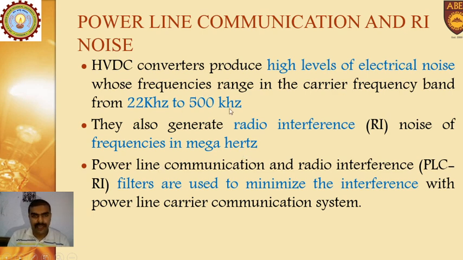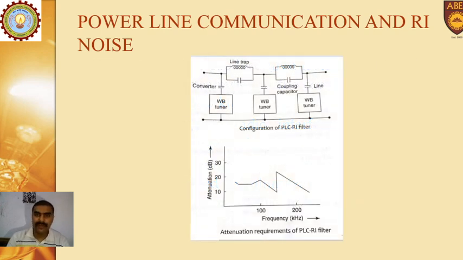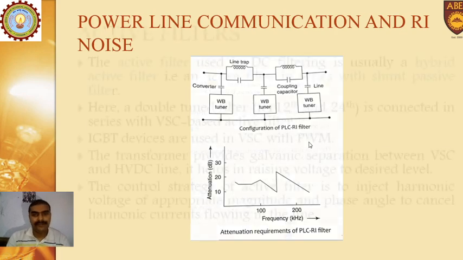So for reducing power line communication and radio interference, PLC and RI filters are used. Separate filters are used for this purpose, and this is the configuration of the PLC and RI filter, showing how these filters are connected.